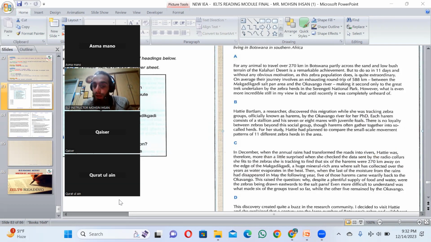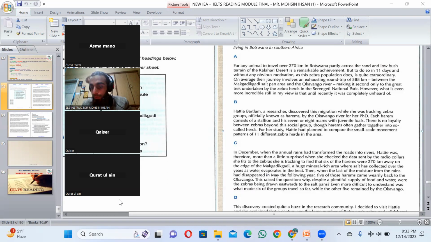Within the time period of water evaporation, salt is going to be collected from this place where zebras travel. Now you can get, up to here, the information that the roads transform into rivers because of heavy rains. Next, Hattie has said that the zebra crossing place, this Makgadikgadi, has a huge mineral-rich area, and some salt is collected here after evaporation of water.